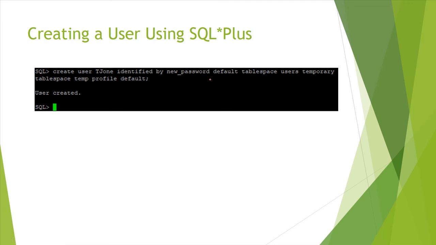If you just finish the statement like this, put a semicolon here without providing this information, by default the USERS tablespace will be assigned to the user as the default tablespace, TEMP will be assigned as the temporary tablespace, and the default profile will also automatically be assigned to the user being created.